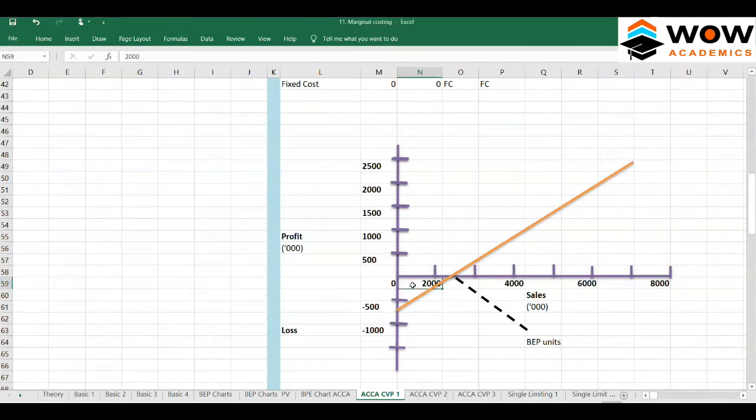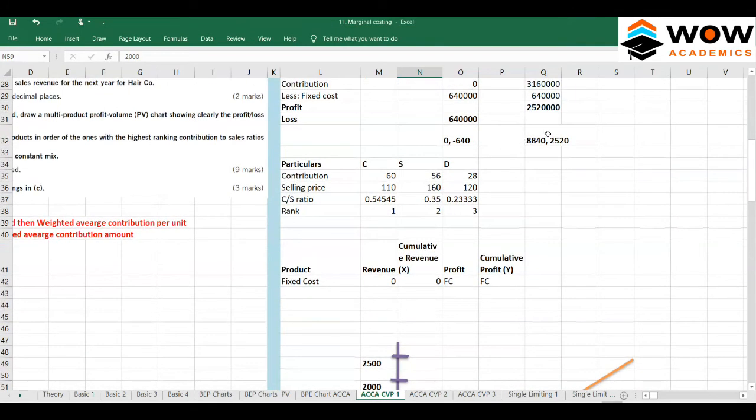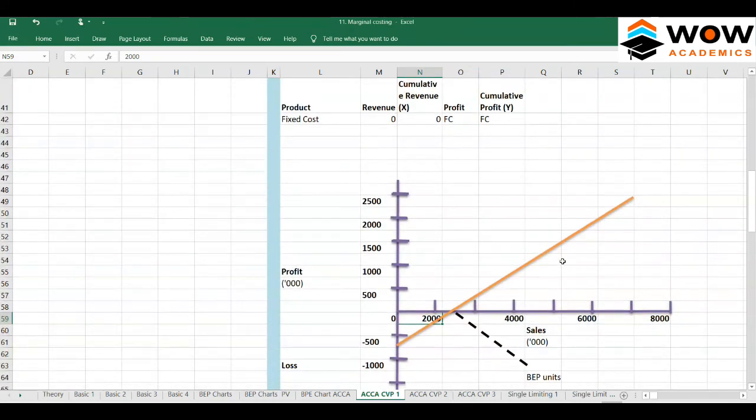So the total sales is 8,840. So we have to show that here. So we'll have like 2,500, or else we can't draw the graph properly. This is 2,500, this has 5,000, this has 7,500, and this has 10,000. We'll show this as 10,000.